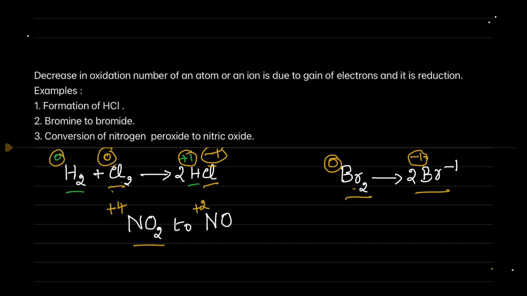In nitrogen peroxide, the oxidation number of nitrogen is plus 4, whereas it is plus 2 in nitric oxide. Therefore, we infer that nitrogen peroxide is reduced to nitric oxide, since the oxidation number of nitrogen decreases from plus 4 to plus 2.